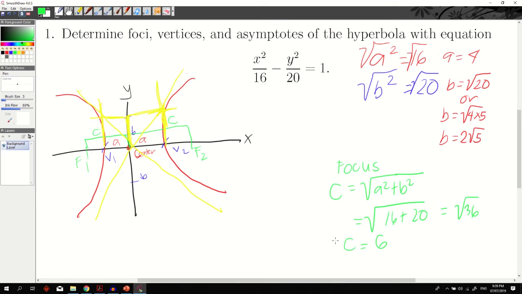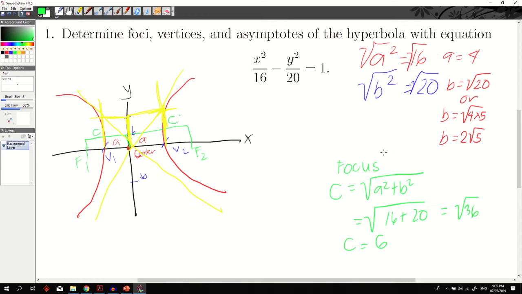So c is equal to 6. From the center to here it is 6, and from the center to the left it is also 6.